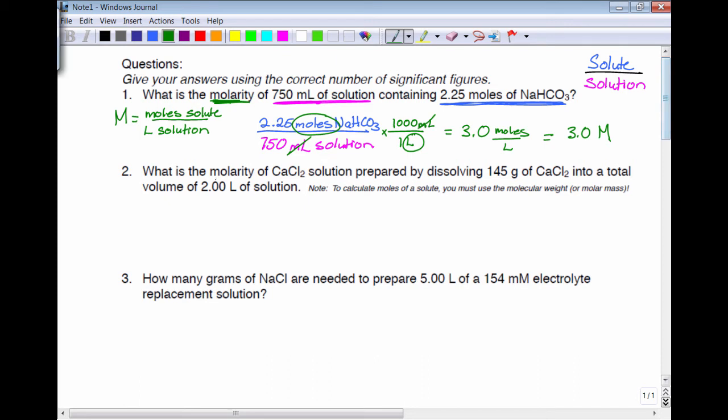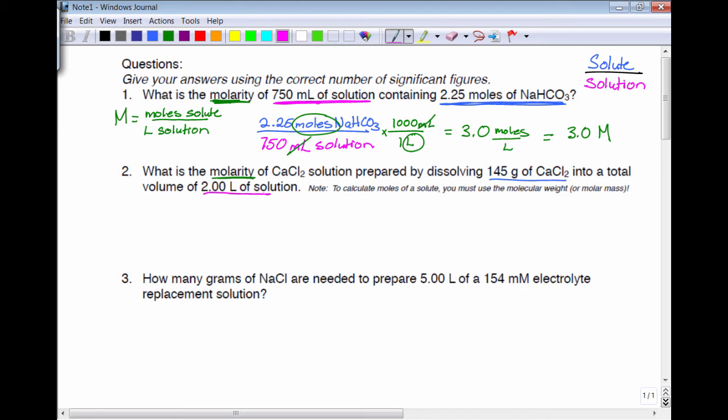Once again, this question is asking for molarity of a calcium chloride solution prepared by dissolving 145 grams of calcium chloride into a total volume of 2 liters. The solute amount is given in grams and the solution amount is given in liters.